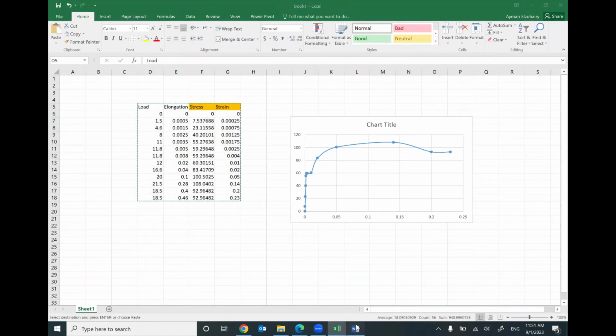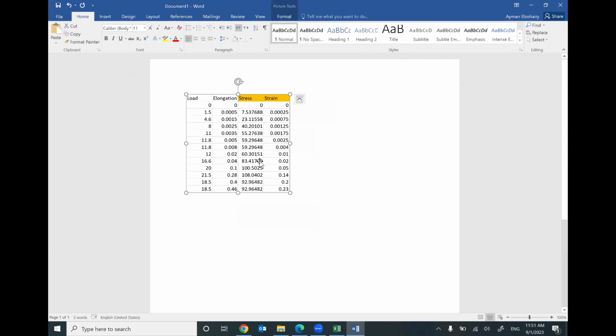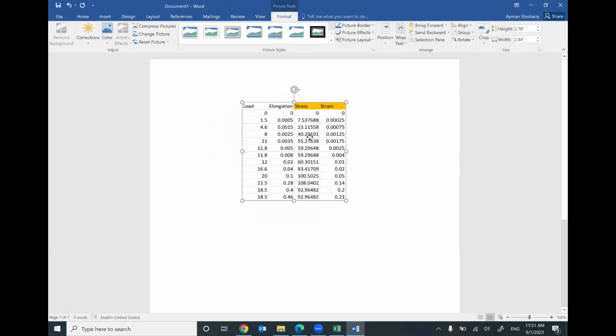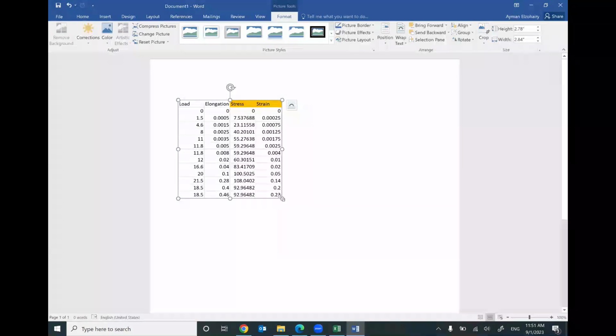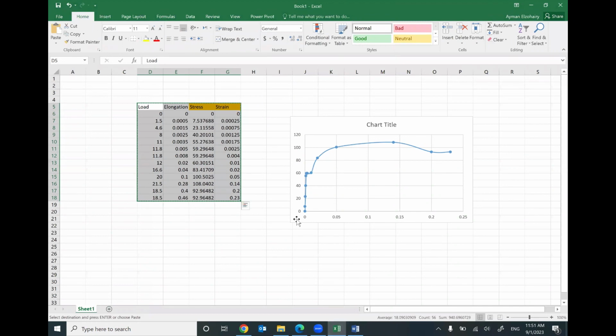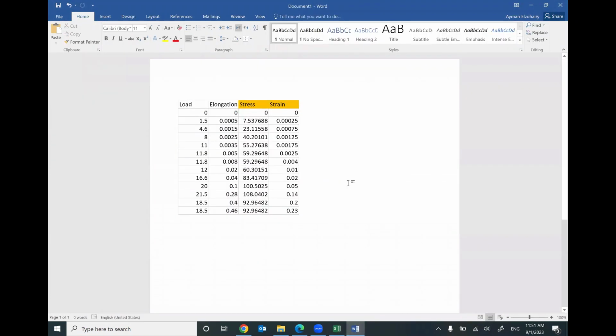In the Word file, right click, and select paste as picture. It's a picture right now. Does that make sense? You can put it anywhere. And also, go to Excel, select this diagram, copy, right click, and put it here as a figure.